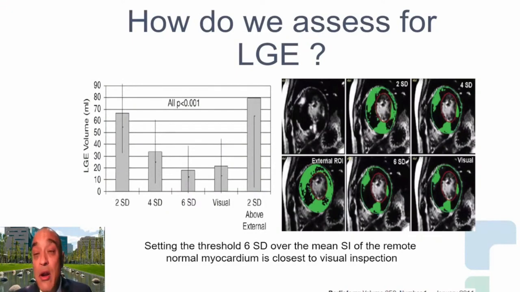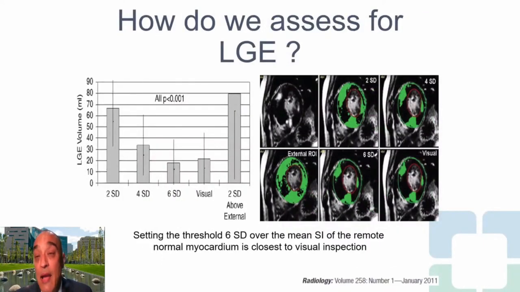But it is important not just to recognize LGE, but to understand at what threshold. With MRI and any imaging technique, you can adjust the thresholding and have whatever number you want to look at. In this publication from a few years ago, the images show that if you have 2 standard deviations, then the entire myocardium looks like scar.